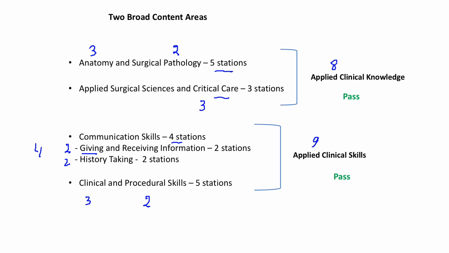Even if you do not pass an individual station, if your overall combined marks are above the pass mark in applied clinical knowledge, you will pass this component, and if you pass both components, you pass the exam.